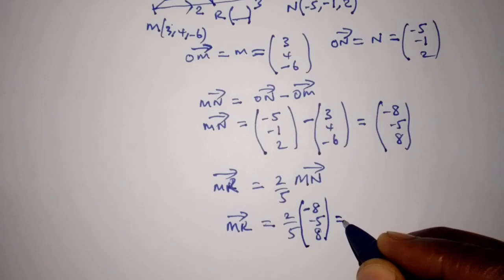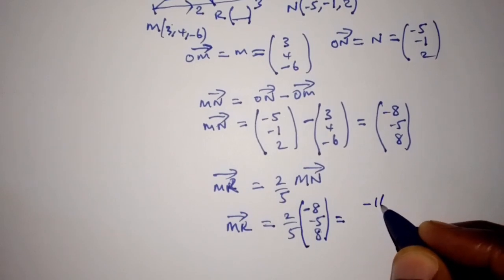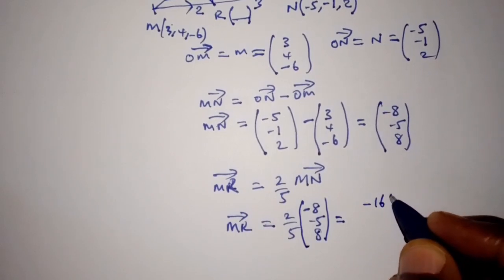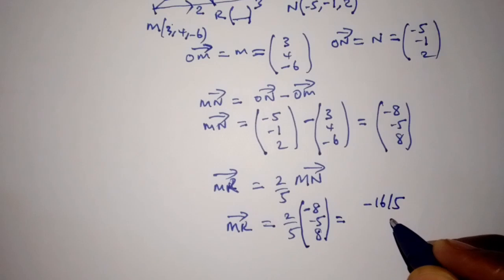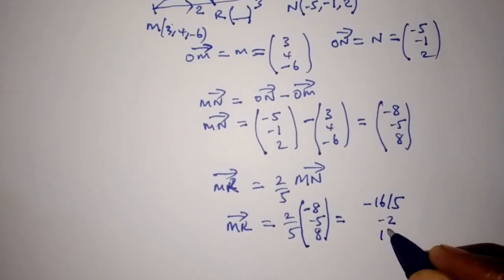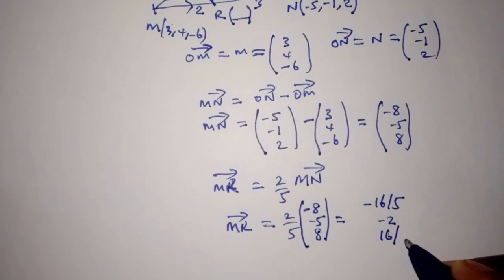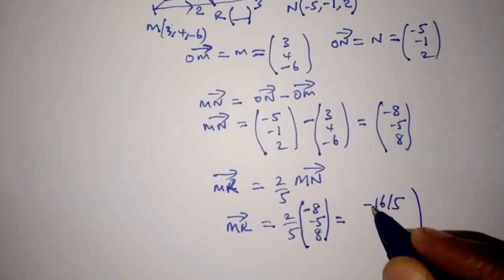And this is giving us (-16/5, -2, 16/5).